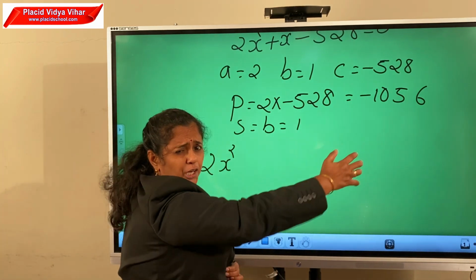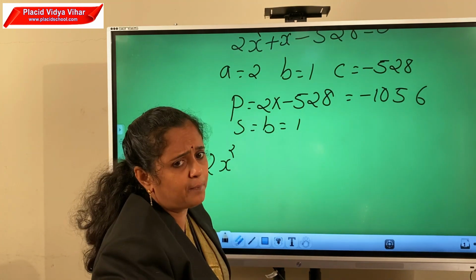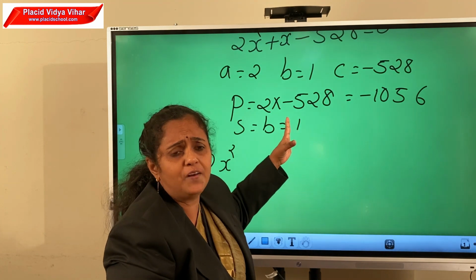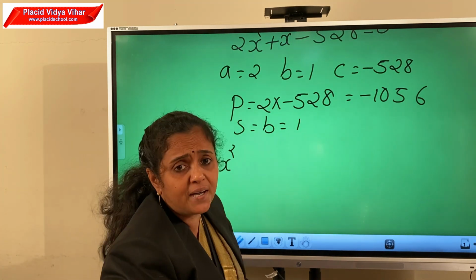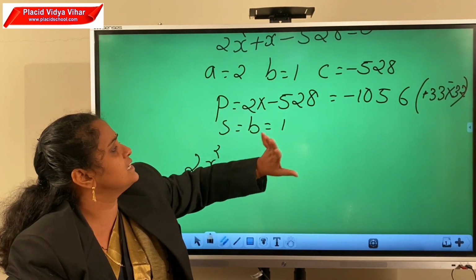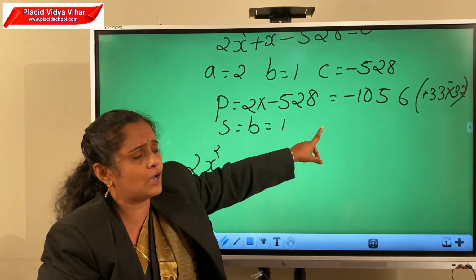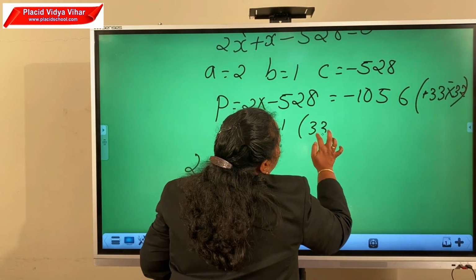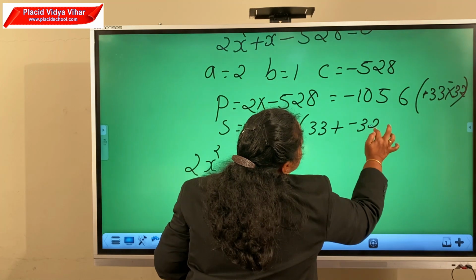When we multiply the two numbers, you will get the answer minus 1056. When we add them, you will get the answer 1. The numbers are plus 33 and minus 32. Plus 33 into minus 32, the answer is minus 1056. 33 plus minus 32, the answer is plus 1.